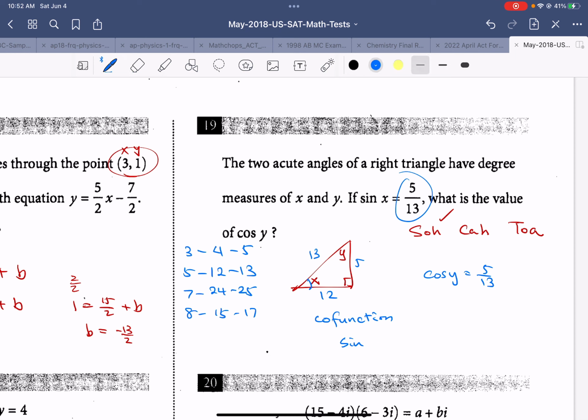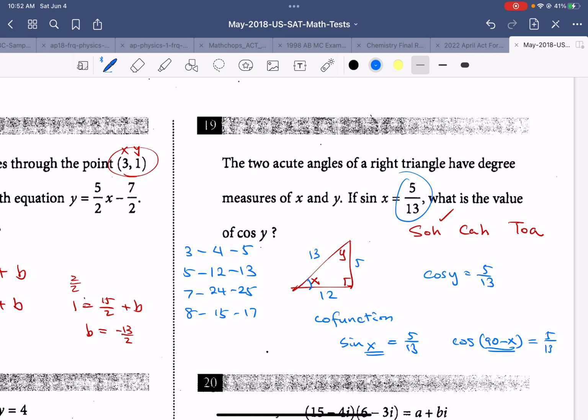Sine x is 5/13. So cosine of 90 minus x, right? x and 90 minus x add up to 90. That should also be the same value, 5/13.